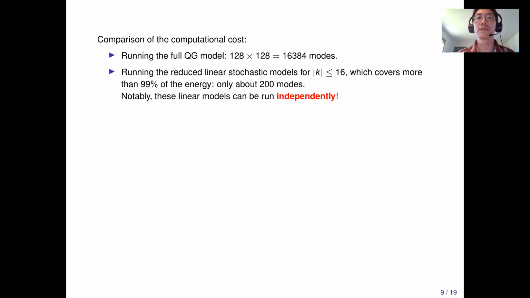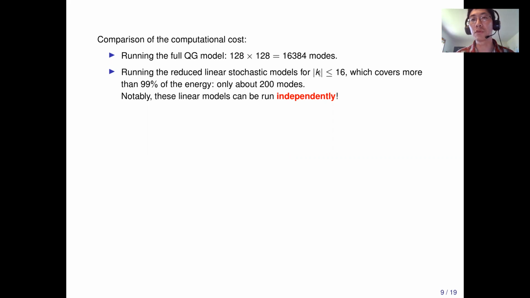completely wrong solutions. But when we do the reduced linear stochastic models in the Fourier space, then we can keep all those energetic modes, because the nonlinearity has already been replaced by stochasticity. So we don't worry about the feedback from the small scale to the large scale because it has been replaced by the stochastic effect. Then we can do a truncation.